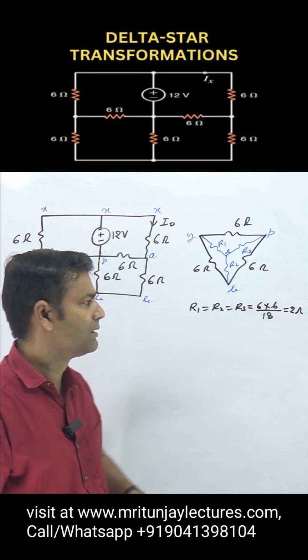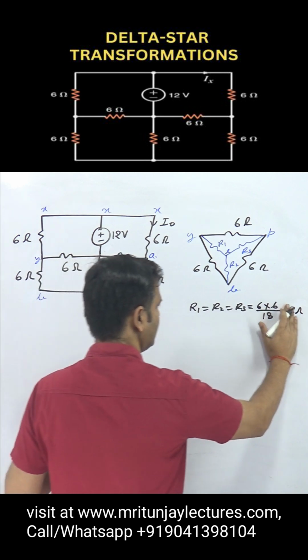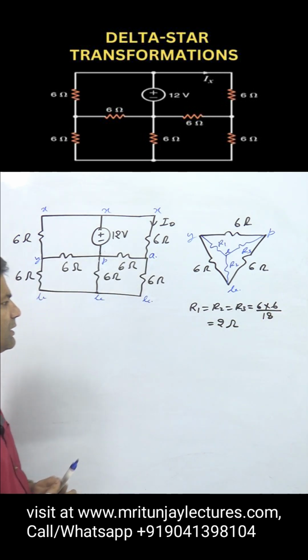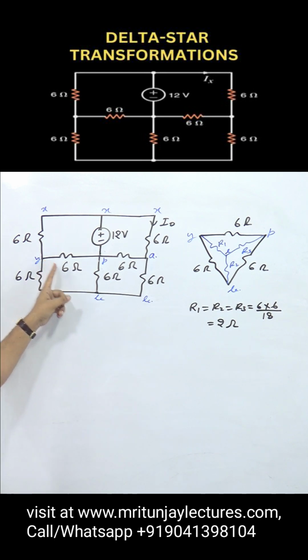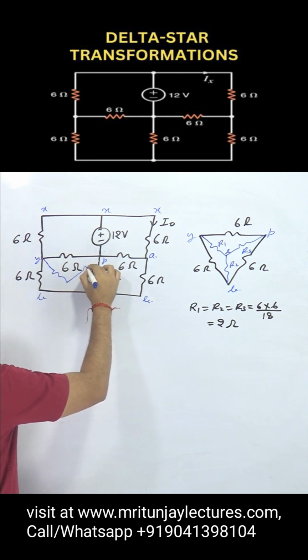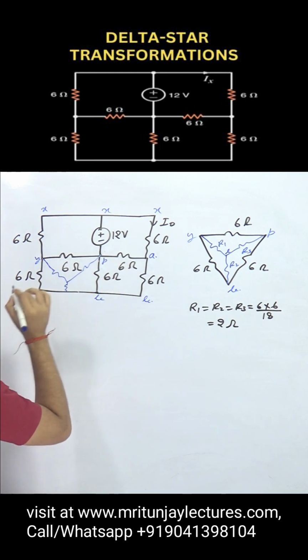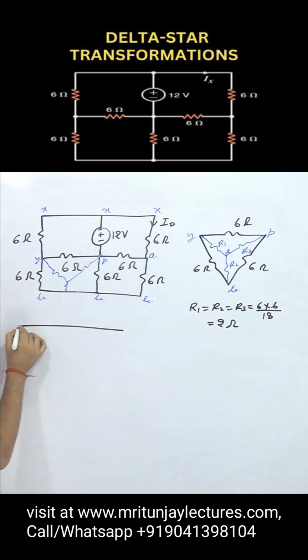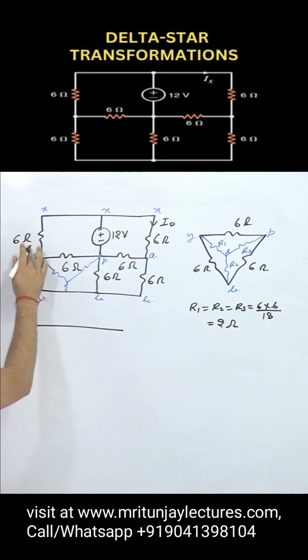Clear? So better to write here, that is 2 ohm. Clear? So after this one is replaced, means that point, or you can make roughly, okay. So here R1, sorry, this one is 6 ohm.